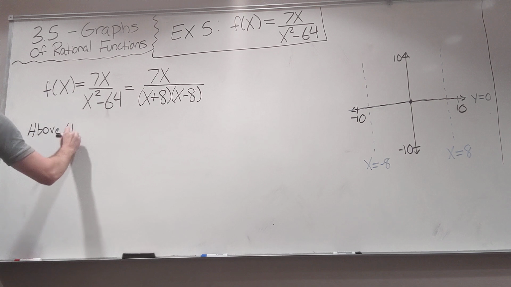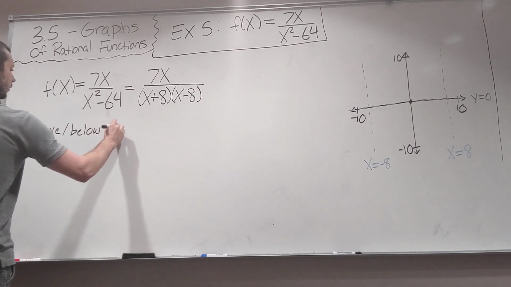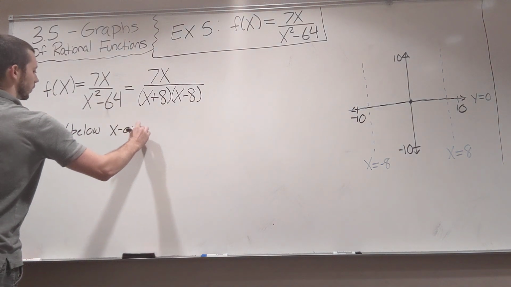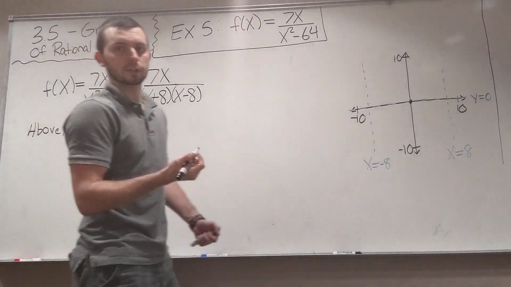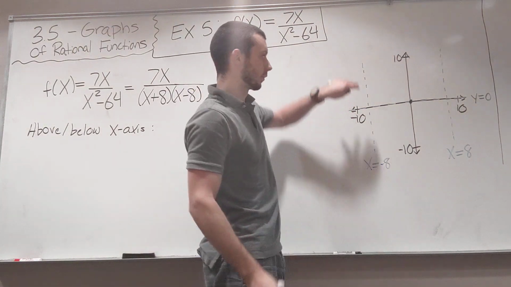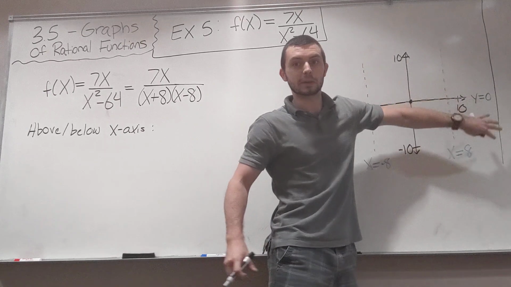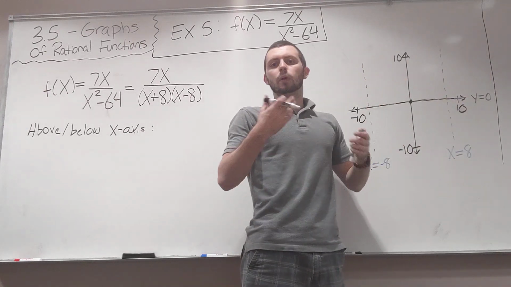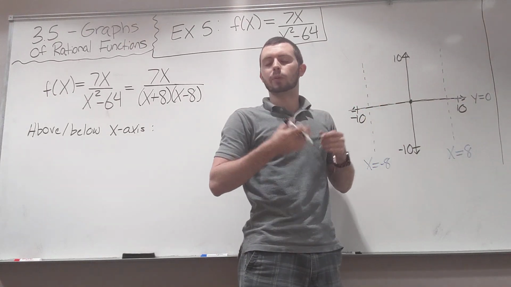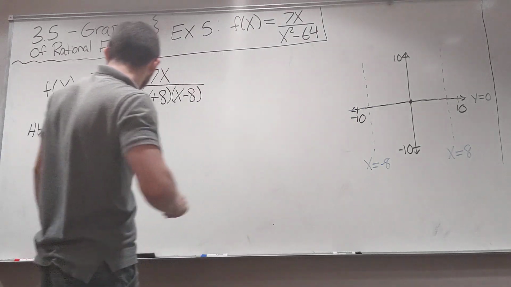So above, below x-axis. And this will tell us whether we draw our graphs here, here, here, here. It tells us in what region the graph will be occurring.